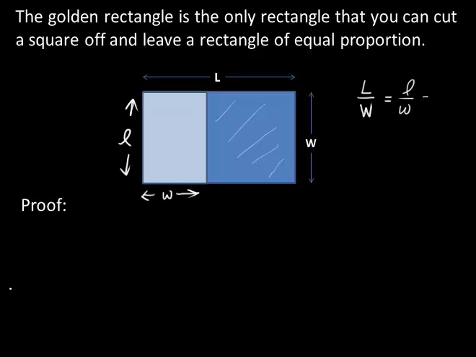If we're starting with a golden rectangle, then of course that length over width is phi. So let's prove this.